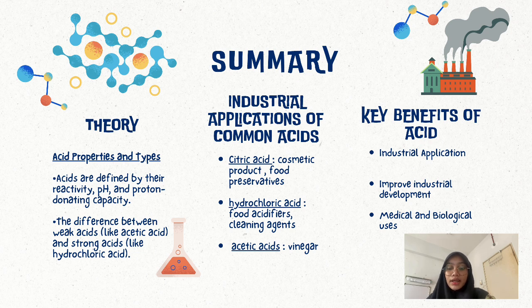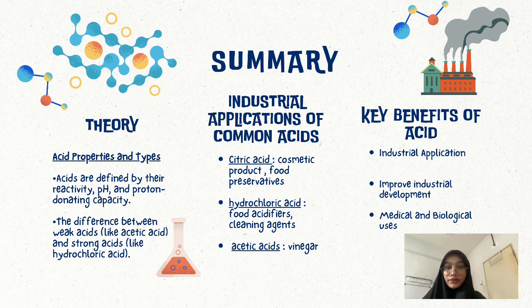Citric acid is one of the most important industrial chemicals that helps in cosmetic products and food preservatives, hydrochloric acid is widely used as a food acidifier and cleaning agent, and lastly acetic acid has been used as vinegar.